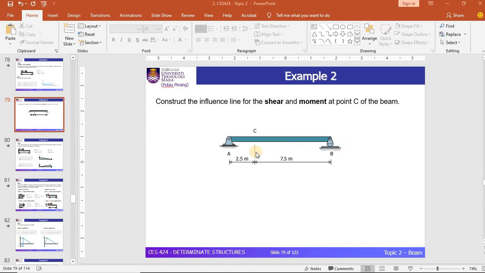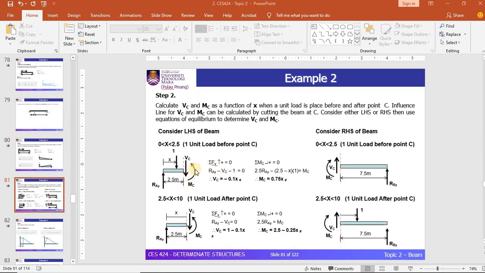Okay, let's say we take a look on the first option, which is the left hand side of point C, which is AC. So this is a left hand side of a point C diagram. So this is a right hand side of point C diagram. Okay, so let's focus on the left hand side diagram.